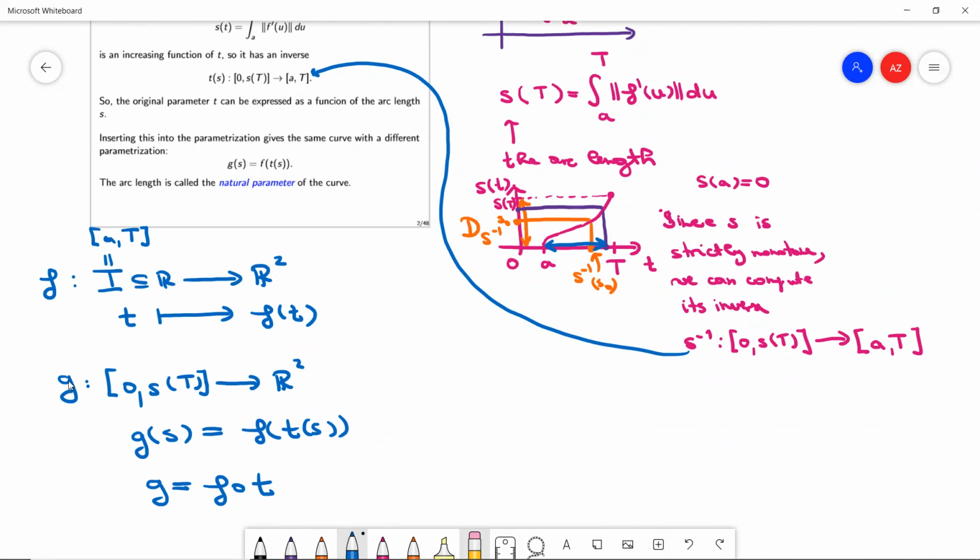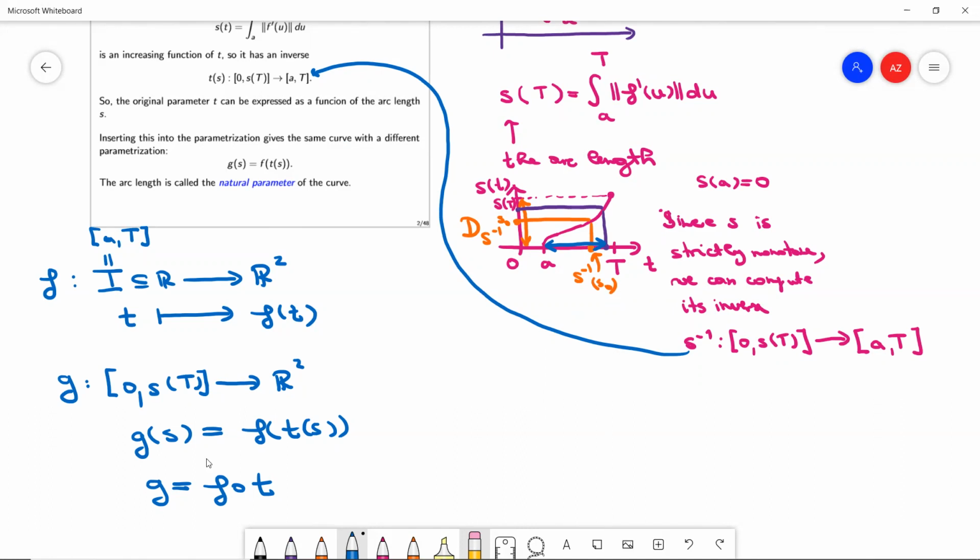So the trace of g is still the same as the trace of f, only the parameter changes. Now our parameter is the arc length. Before it was some t, some time, for example. And it really maps into the proper codomain, because we start with s, which is in the interval between 0 and s of T. Then t of s maps this s into the interval a to T. And then we apply f to these values, and we finish on our curve.